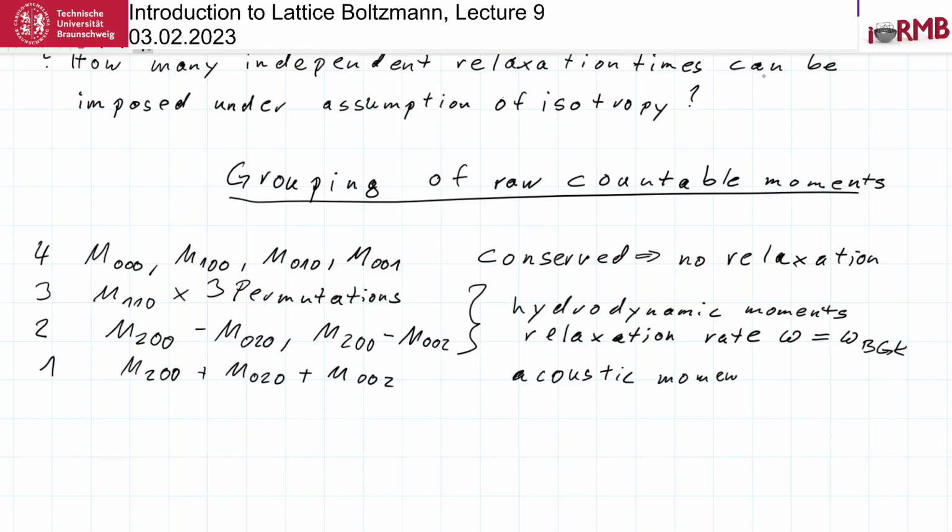Because we identify this with the pressure, we usually call this omega pressure. And this is defining, or setting, the bulk viscosity.